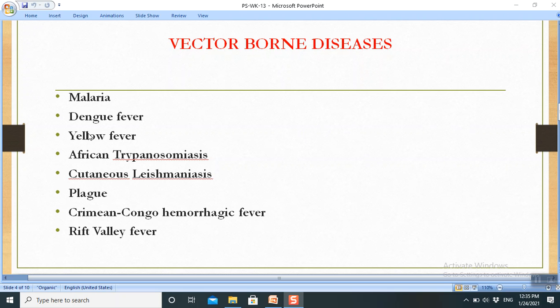Yellow fever is a mosquito-borne disease, and it creates influenza-like symptoms, meaning symptoms like flu. It also causes severe hepatitis and fever, and mostly this disease is found in South America and sub-Saharan Africa, and the fatality rate is 20%.